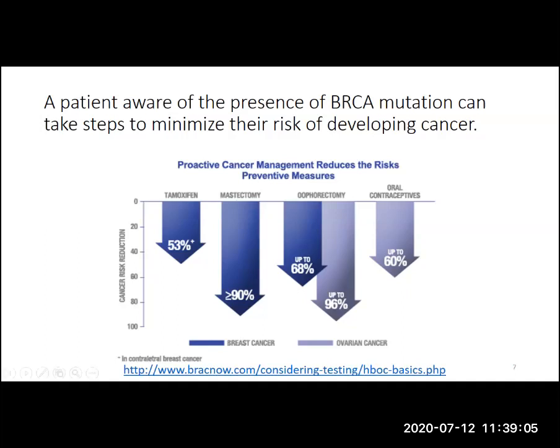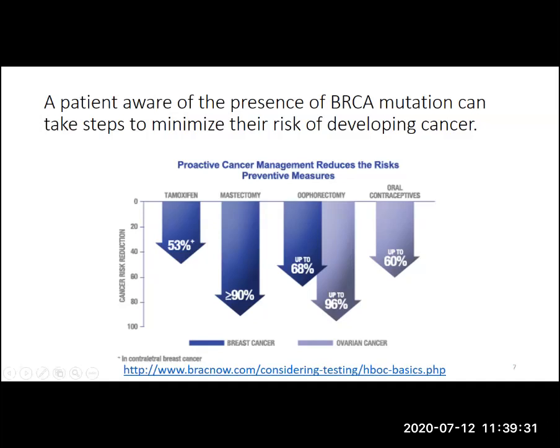And if you have that information, what you can learn is that certain medications, like tamoxifen, which is for treating breast cancer, can be used to kill off the cancers very easily. A mastectomy or oophorectomy can minimize the risk of both breast cancer and ovarian cancer.